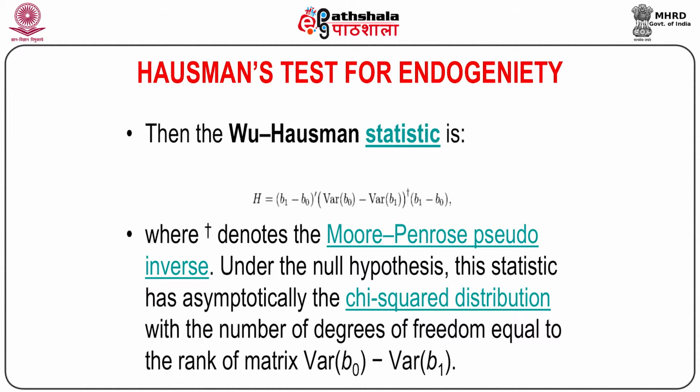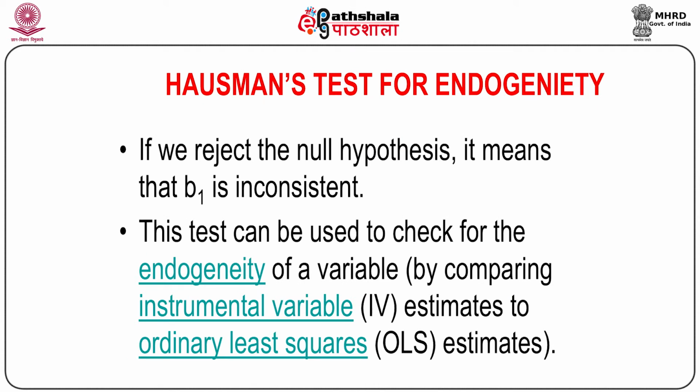Under the null hypothesis, this statistic has asymptotically the chi-square distribution with the number of degrees of freedom equal to the rank of the matrix variance of b0 minus b1. If we reject the null hypothesis, it basically implies that b1 is inconsistent.